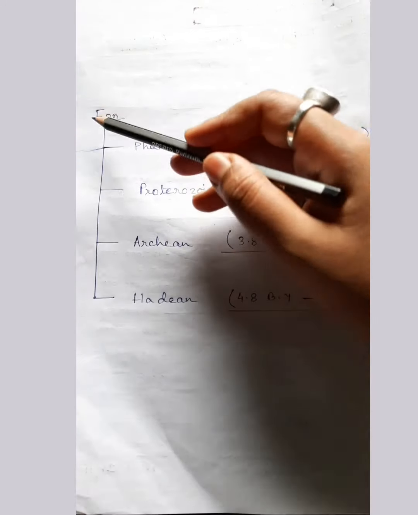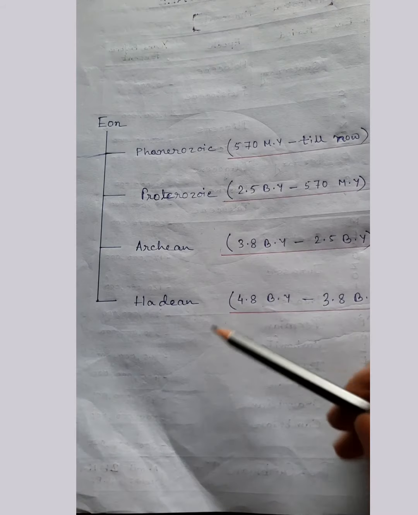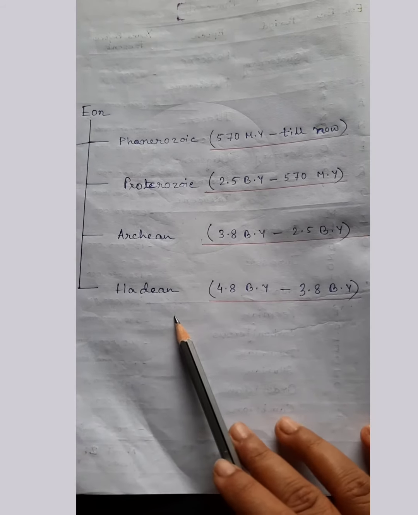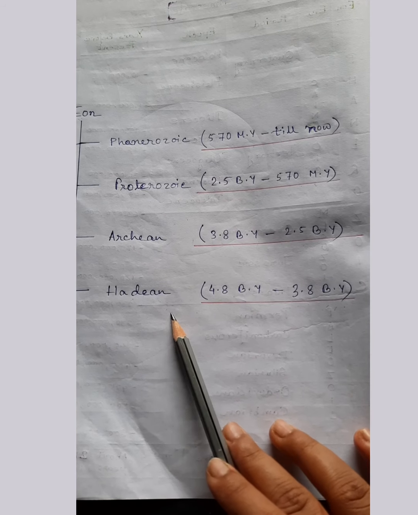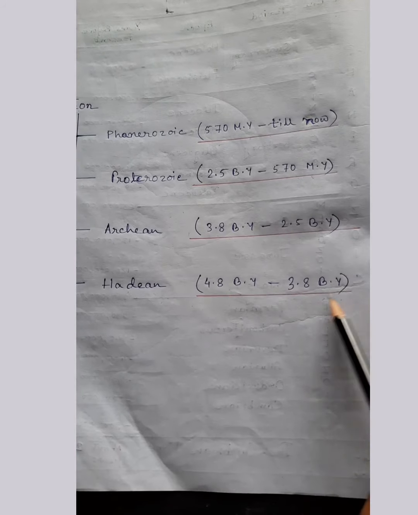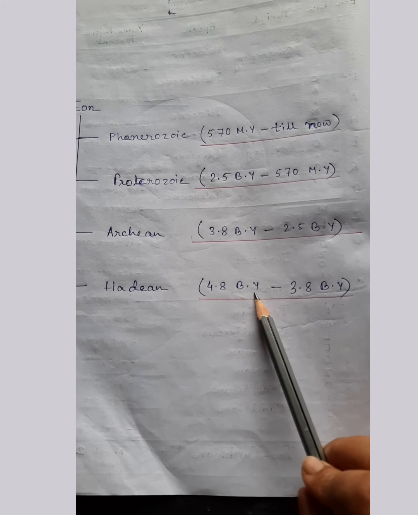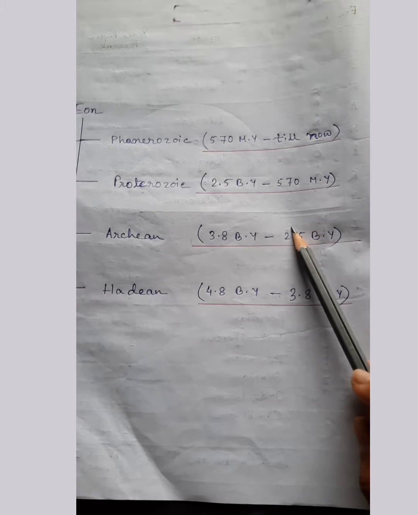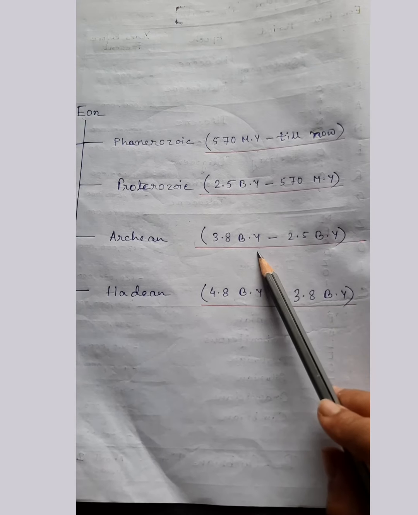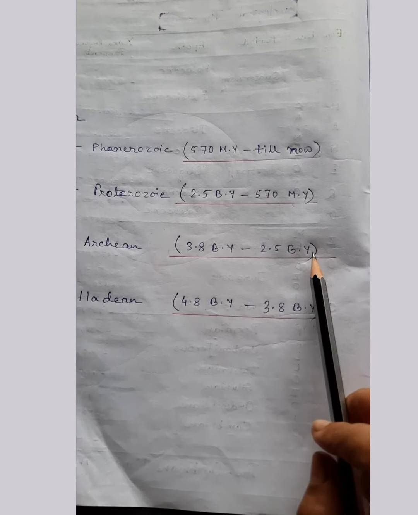You can see the eon, that is the major division, is divided into four types. The oldest is Hadean, which continues from 4.8 billion years to 3.8 billion years. This is the time when the earth was actually created. After that, the Archean eon, 3.8 billion years to 2.5 billion years.